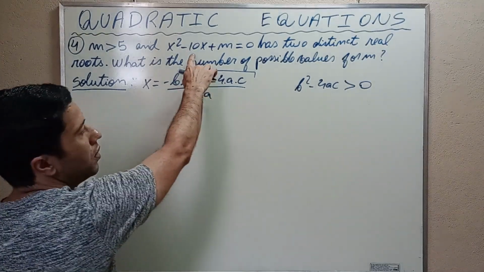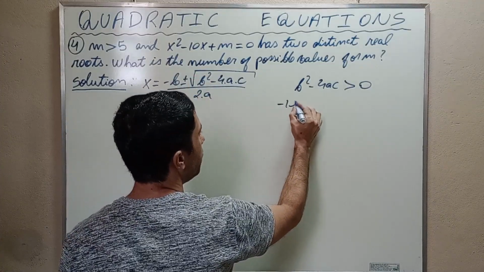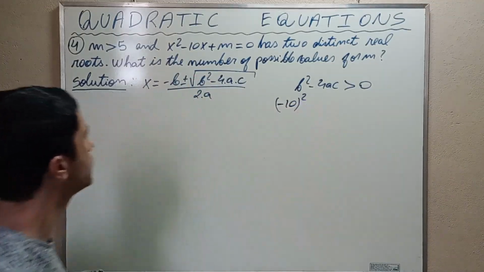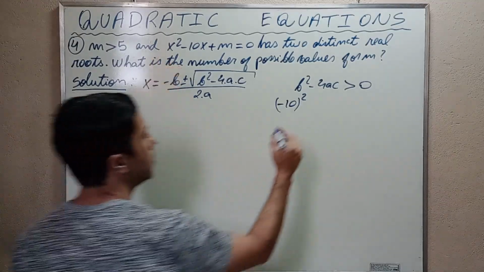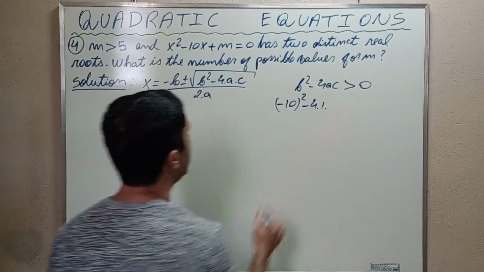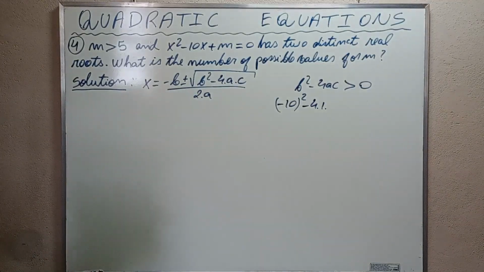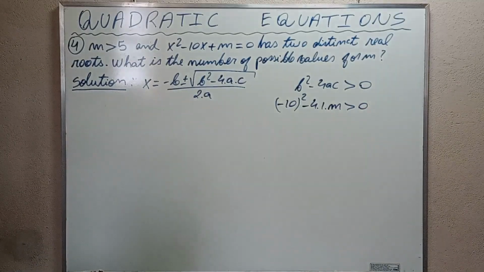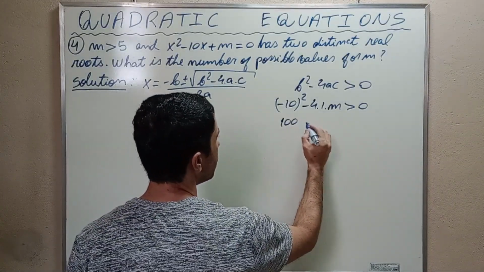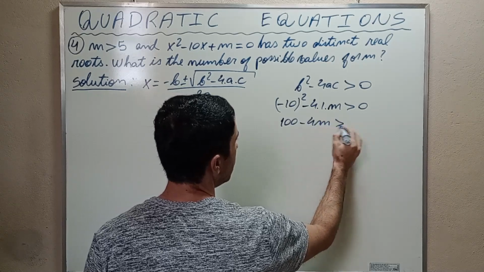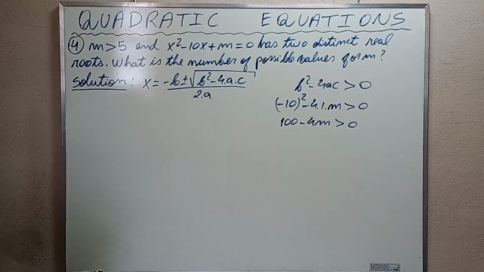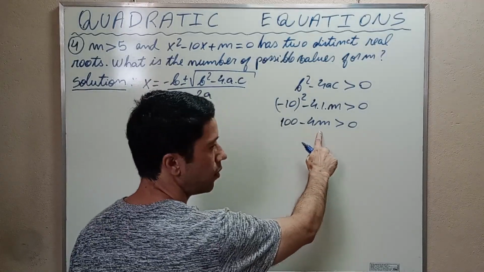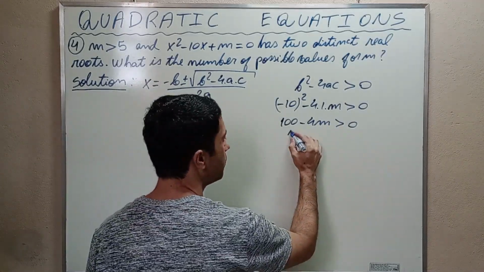b is negative 10. Negative 10 squared, a is 1, and c is m. Negative 10 squared is 100. Okay? I pass this negative 4m to the other side, it becomes positive.